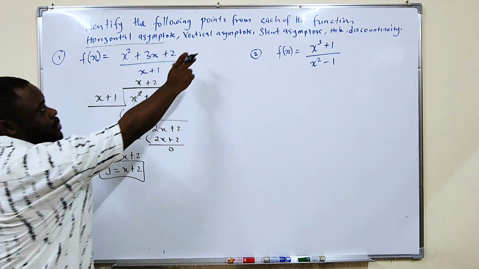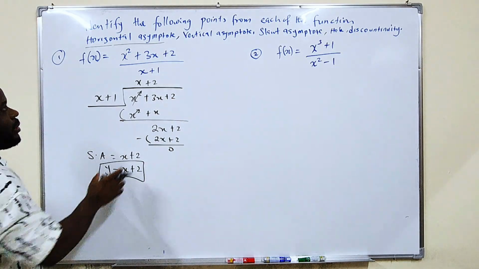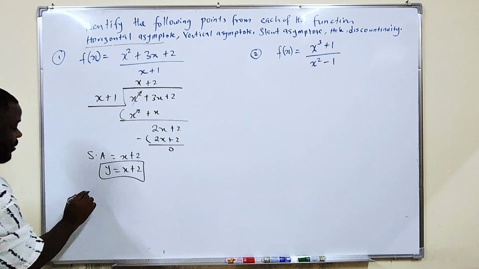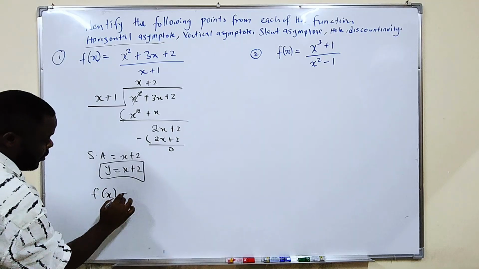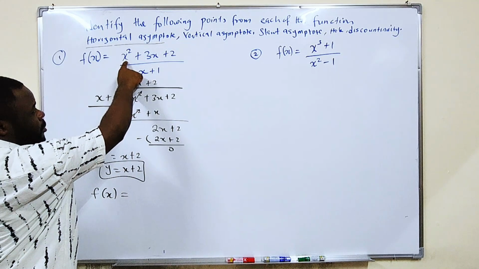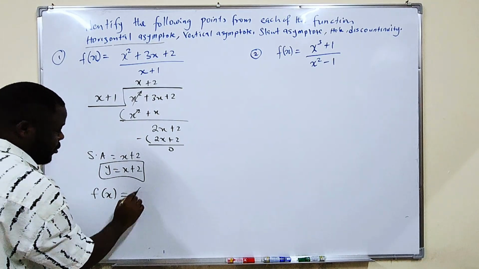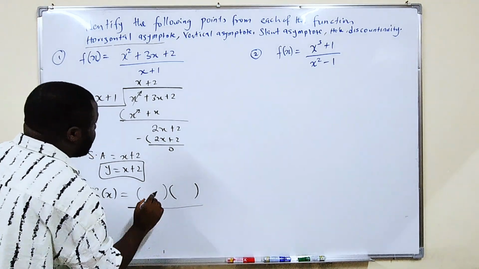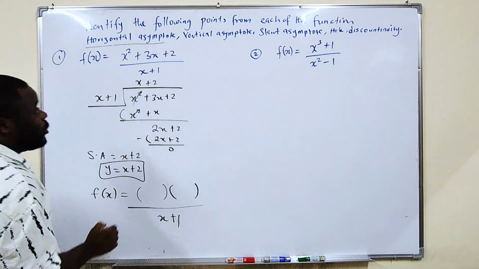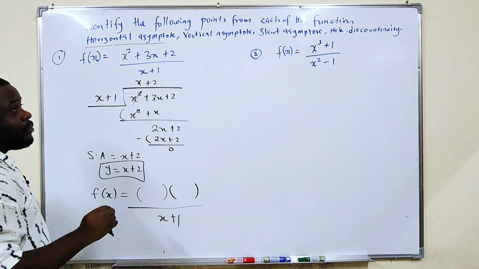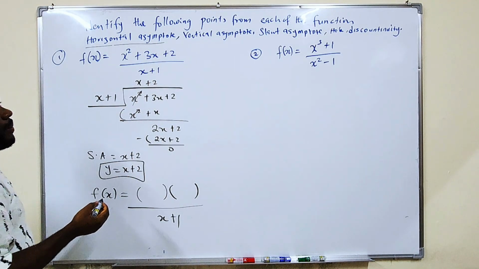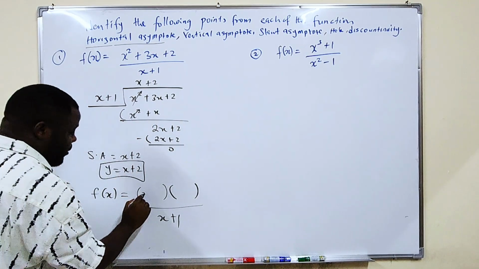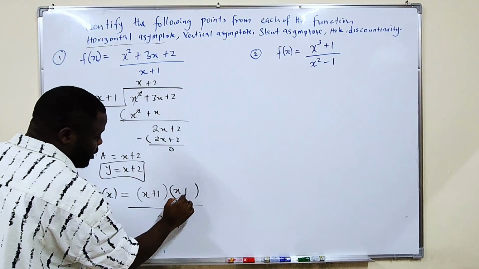So now let's talk about vertical asymptotes. Before we do vertical asymptotes, let's try to simplify the numerator. So we have f of x equals, we have a quadratic expression here. We factor it out of our denominator, which is x plus 1. What can we multiply to get 2, and when we add them, get 3? So we have x plus 1, x plus 2.